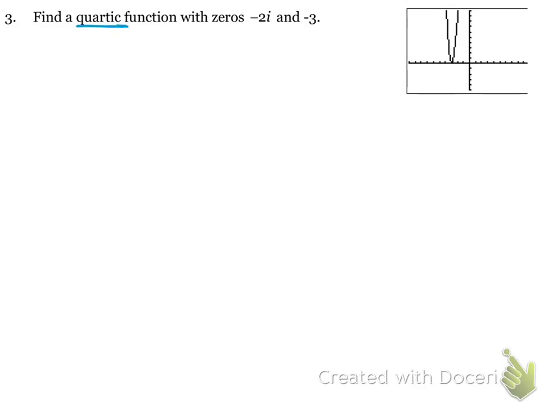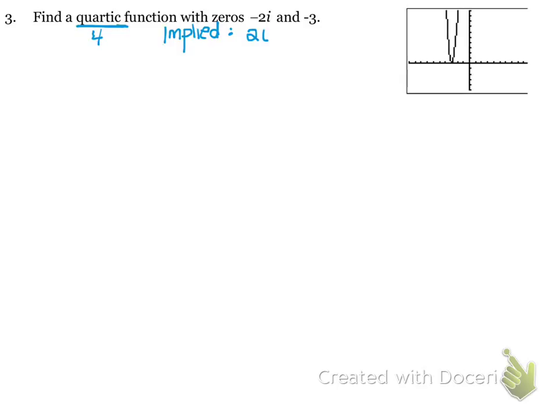Okay, so now we're going to find a quartic function, which implies we have a degree of 4 with zeros 2i and negative 3. So the only implied zero we have here is that we have positive 2i.